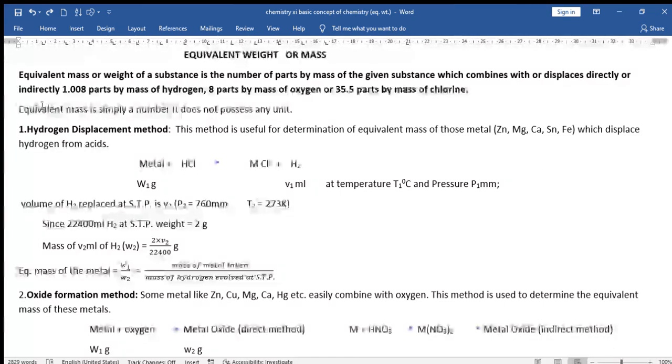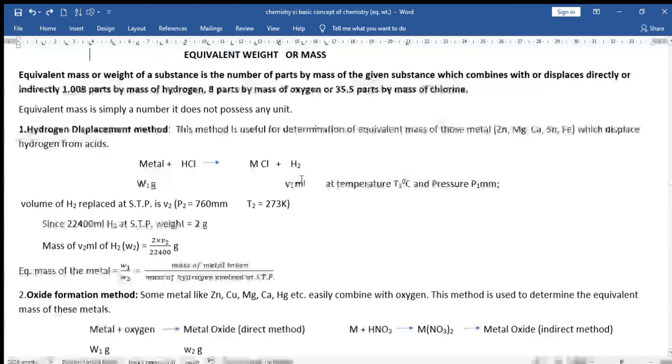Like zinc, magnesium, calcium, tin and iron, metals easily displace hydrogen from the acid as they are present above hydrogen in the reactivity series. Here is one example: when metal reacts with HCl, an acid, it will form metallic chloride and hydrogen.